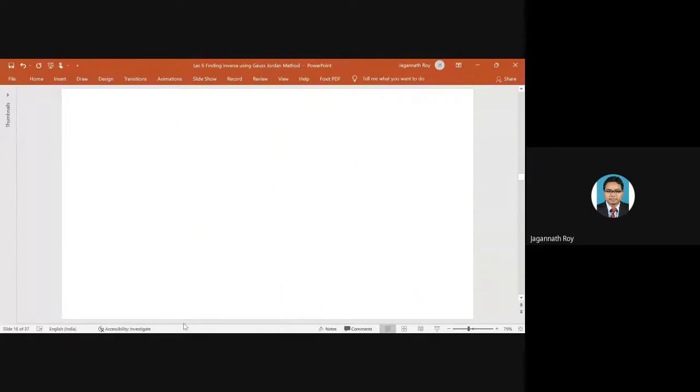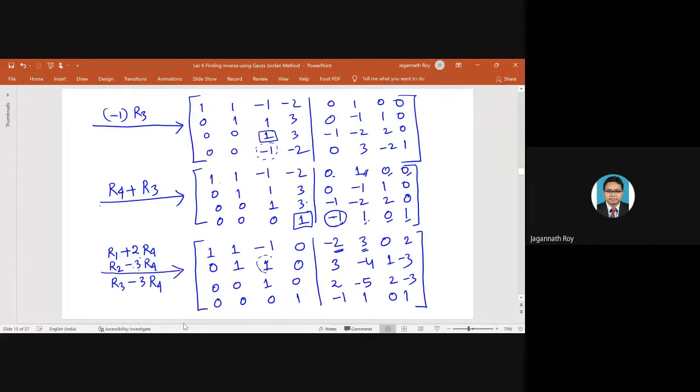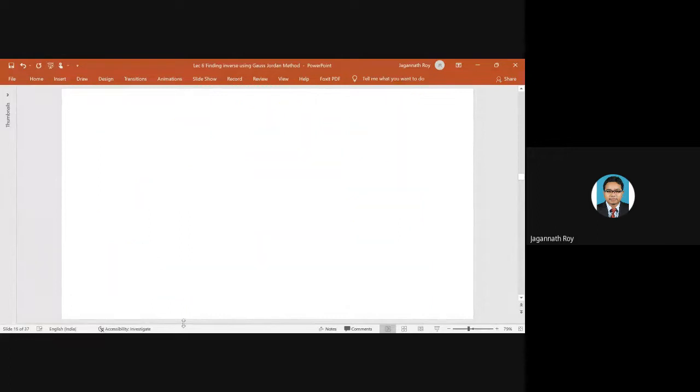Next, what do we do? We want zeros here also. Now only 3 quantity is remaining to make them 0. So let us do this column now. What we can do is now we have to do R1 plus R3 and R2 minus R3.